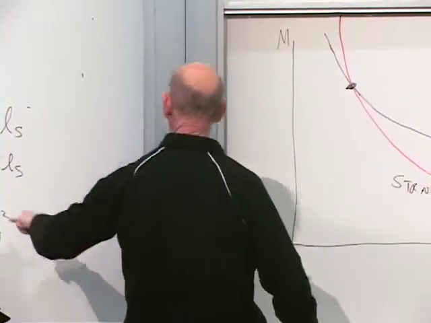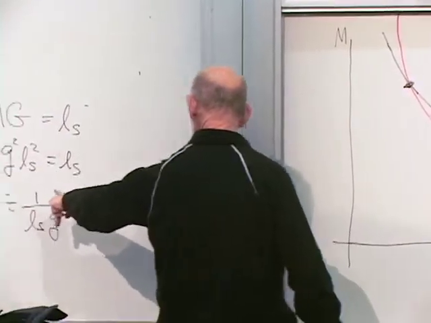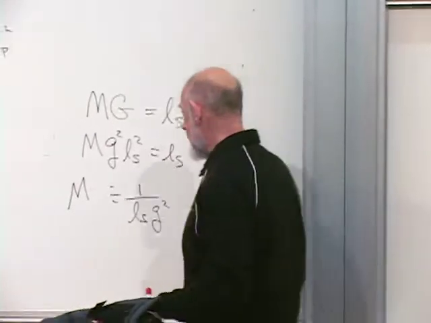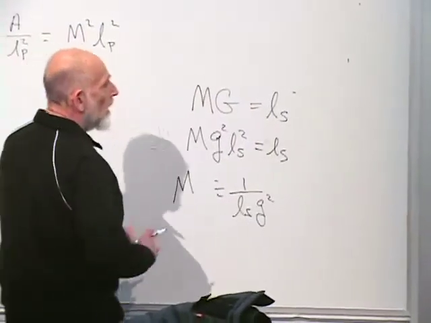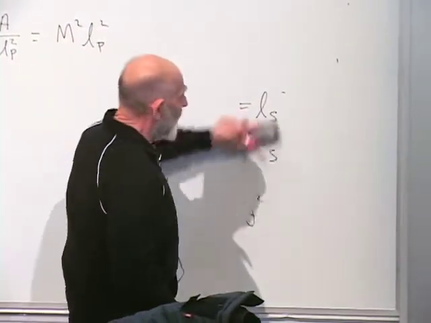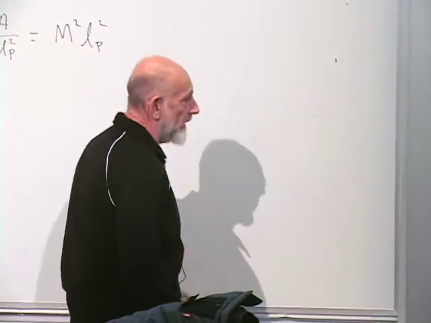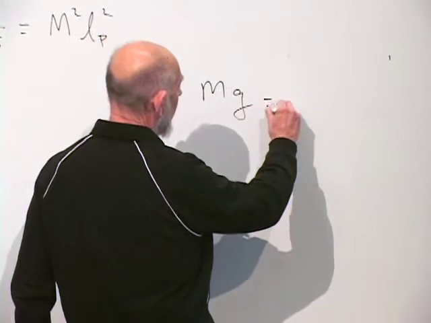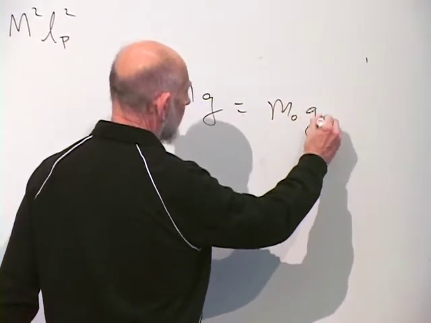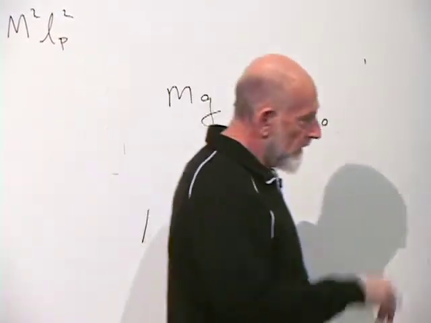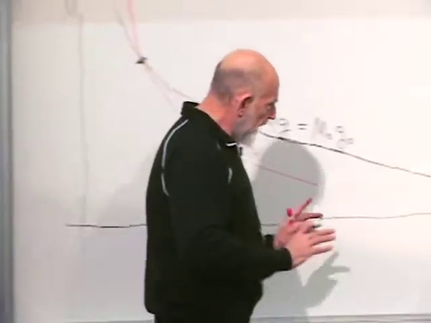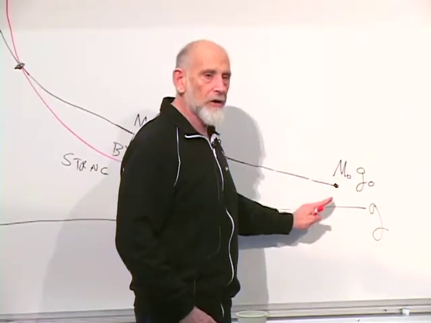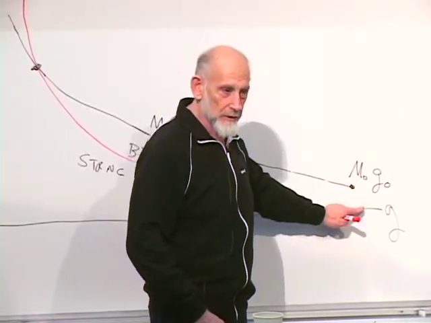There are two things. Let's write down the equations for the two curves which intersect at that point. One of them is m g equals m naught g naught. And just to remind you again, m naught g naught is the target object that we're trying to understand.